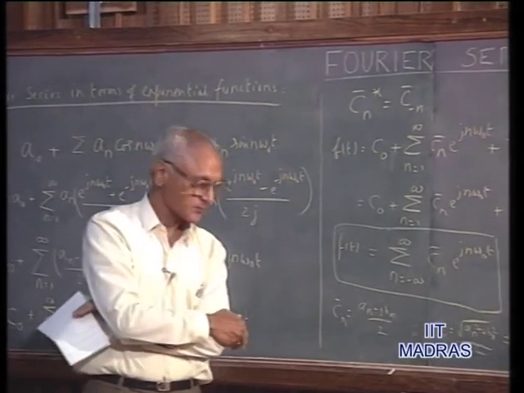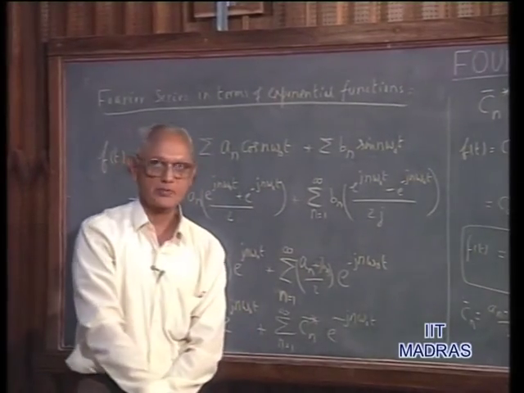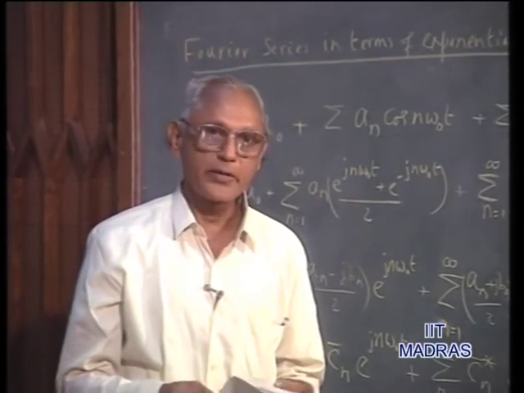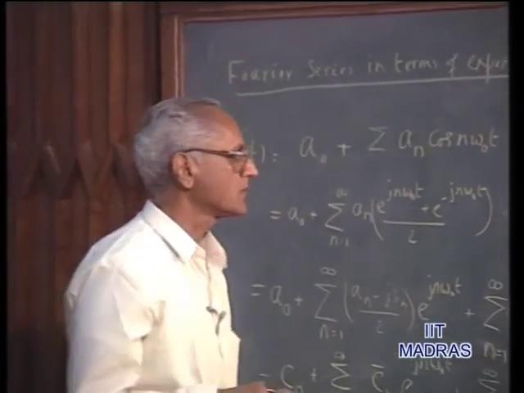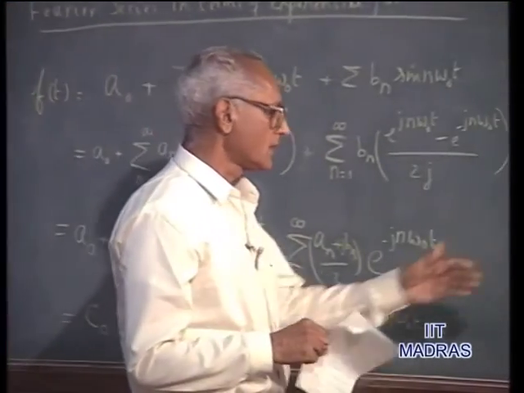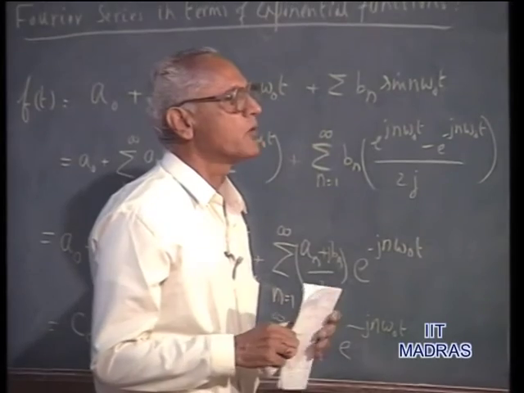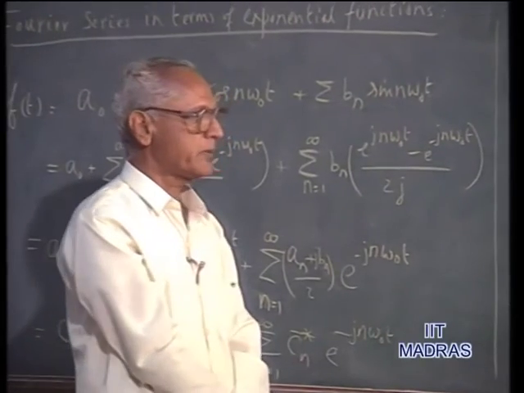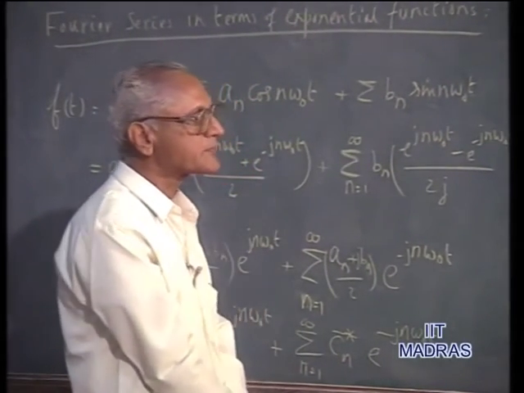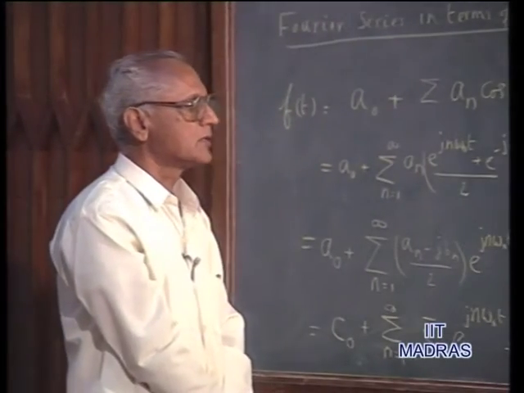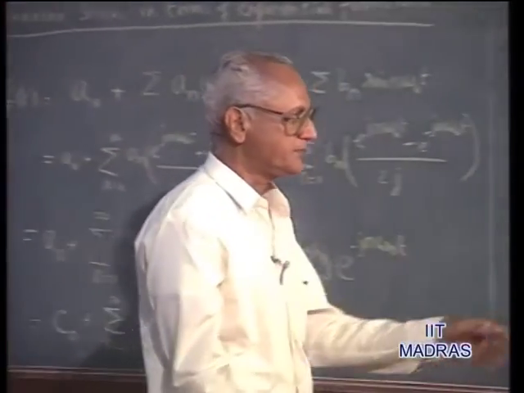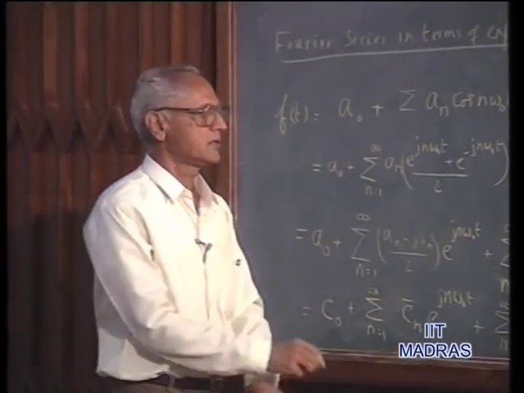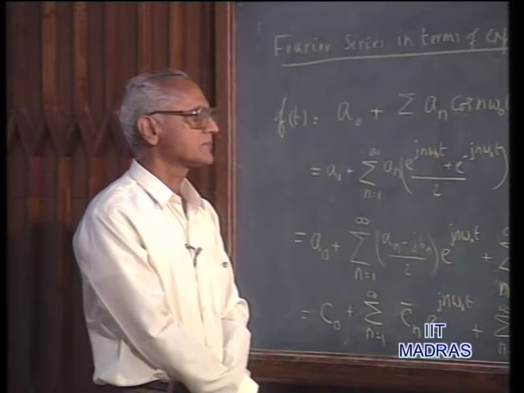More importantly, when we extend this concept of Fourier expansion of periodic functions to aperiodic functions, what we will refer to as Fourier integral concept, which we will take up later, these expressions for Cn can be, in a more straightforward fashion, extended to the Fourier integral concept than if we had persisted with an and bn. So we have a single formula valid for all n. The notation is compact, and the notation can be extended to the Fourier integral quite conveniently. That is the important thing.